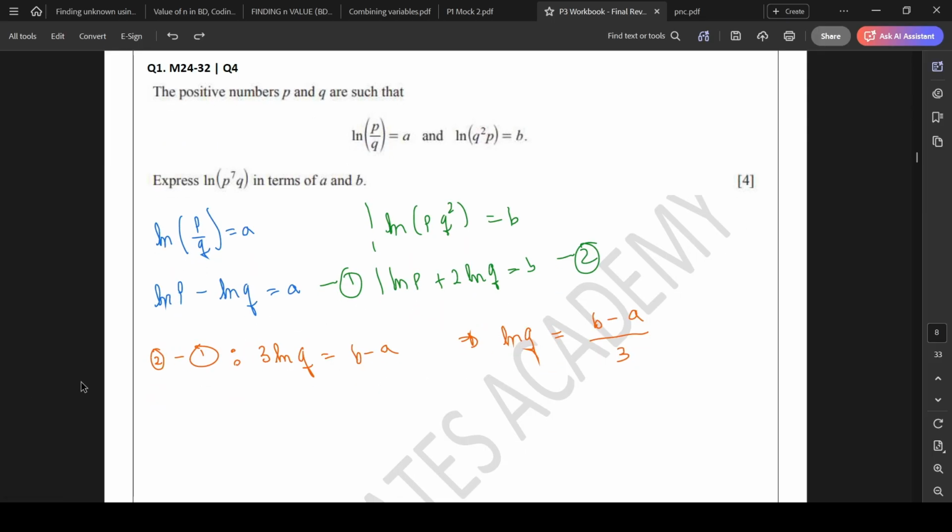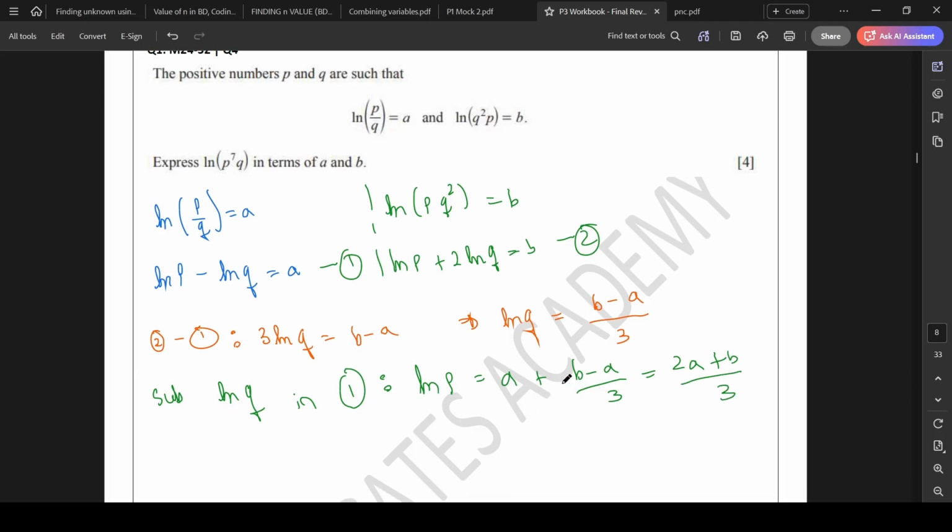So let's say I'm substituting ln q in equation 1. So I'll get ln p is equal to a plus ln q, so a plus b minus a over 3. And then I can simplify this. 3a minus a is 2a, then plus b, by 3. So I've got my ln p and ln q.